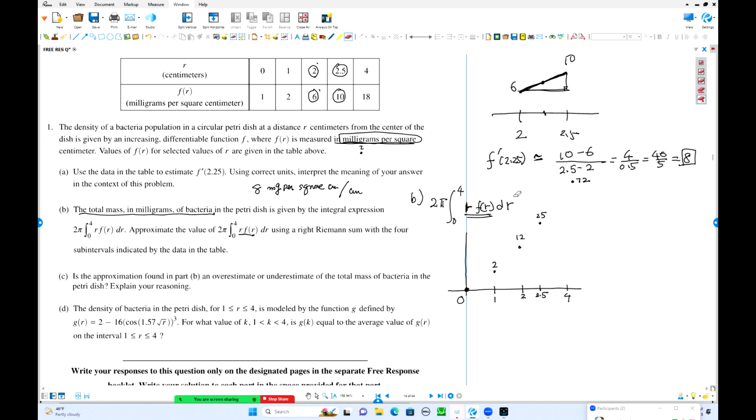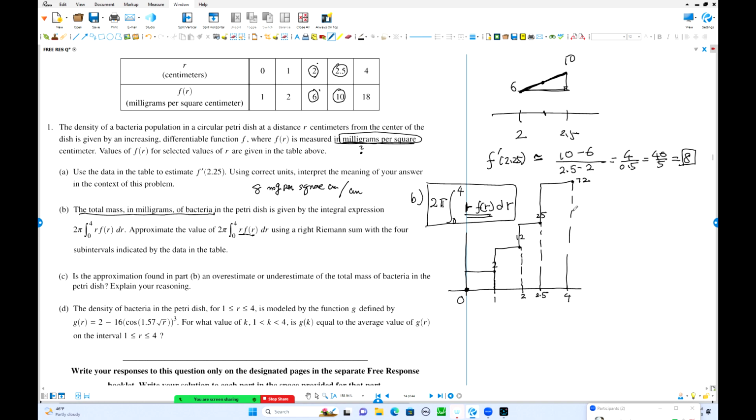Now we're going to find this area. When there's no equation, we use a right Riemann sum, where the right side is the height of the rectangle. One rectangle, two rectangles, three rectangles, four rectangles.